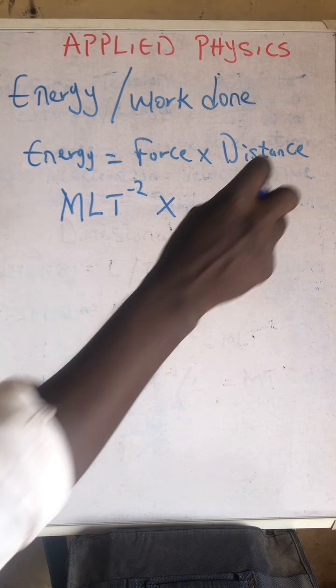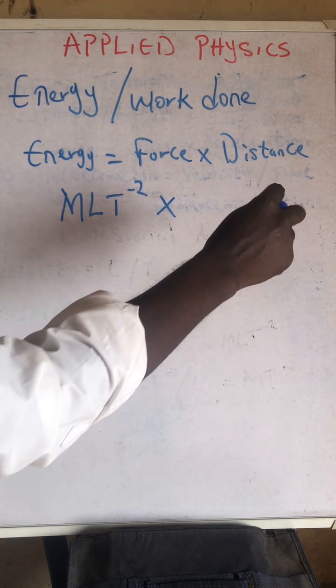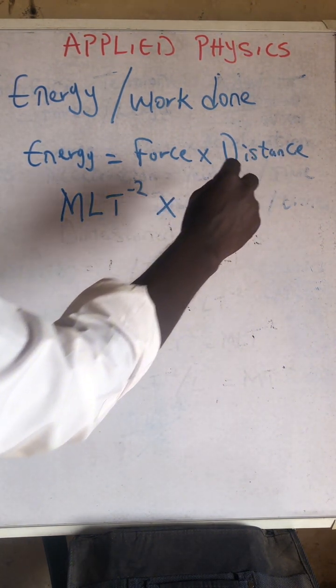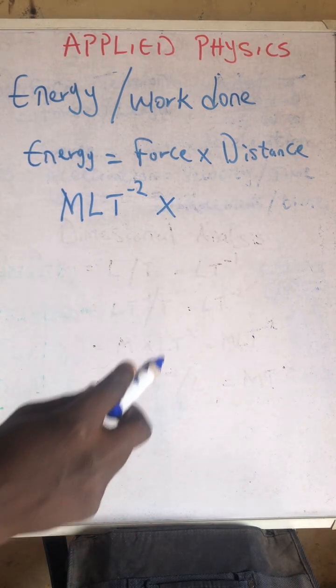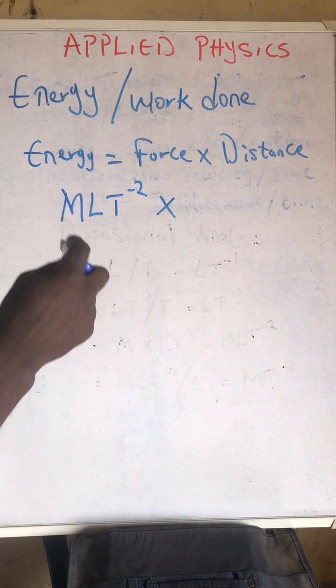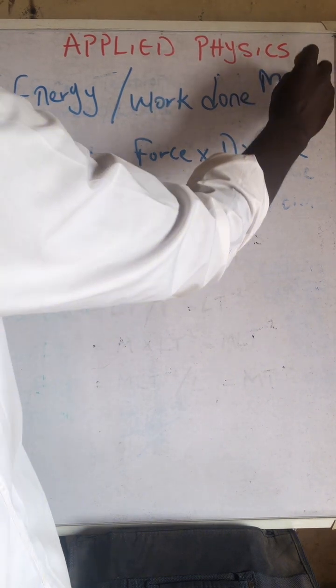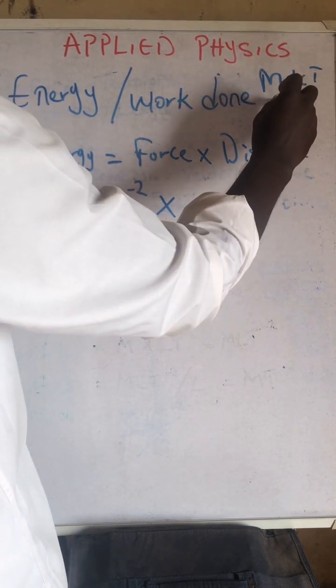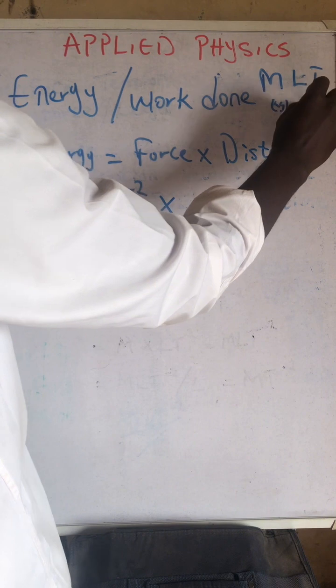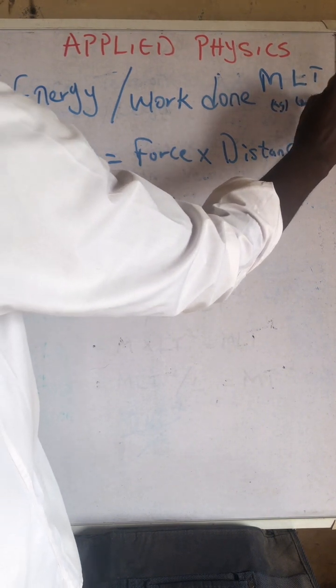Remember, distance is measured in meters. Let me write my MLT here. This is kilogram, this is meter, and this is second.